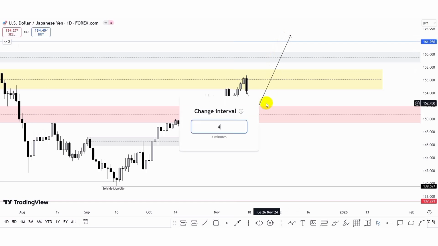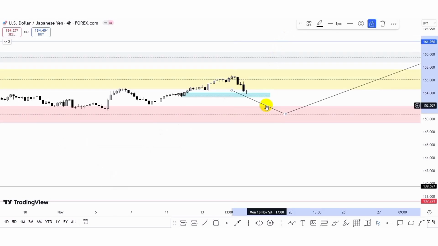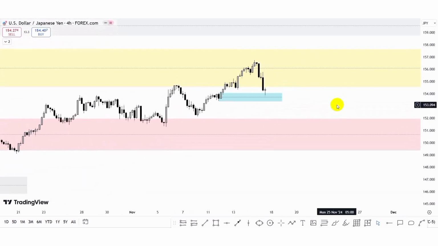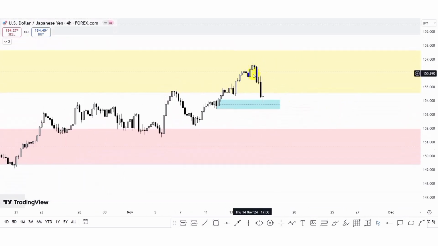Let's check the 4-hour time frame. In the 4-hour time frame, what we can identify is how price returned into the breakout block zone we identified from the weekly time frame. We have the fall of price. Price took out this low points, breached through the order block.